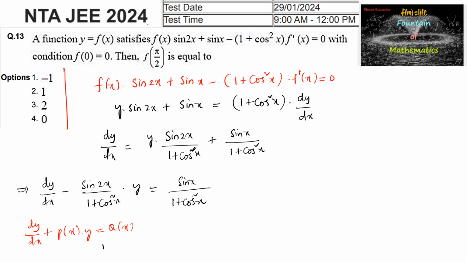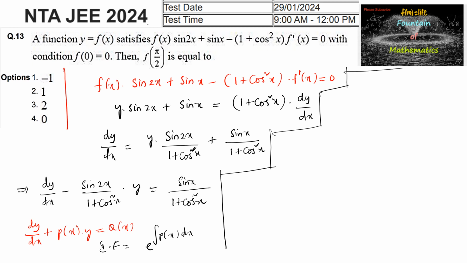So its integrating factor is equal to e to the power integral p of x dx. So we can write e to the power integral p, which is nothing but minus sin 2x upon 1 plus cos square x dx.